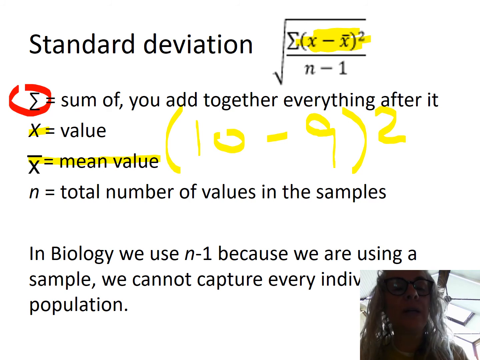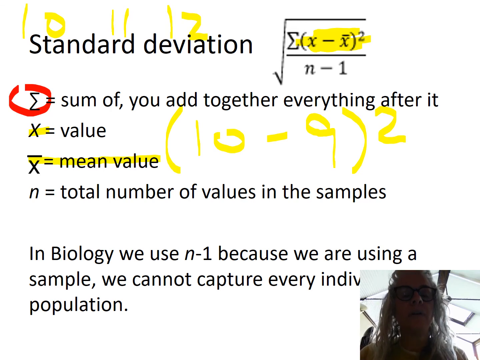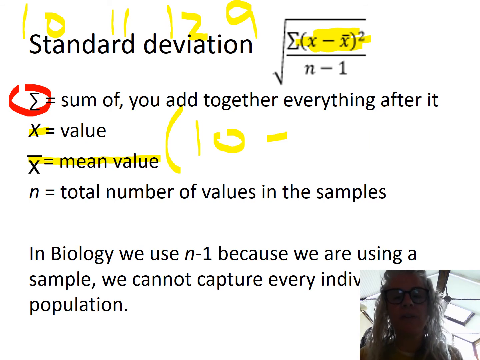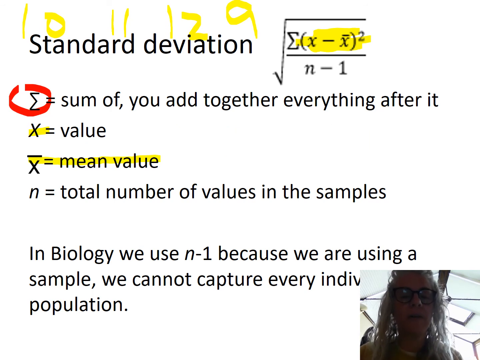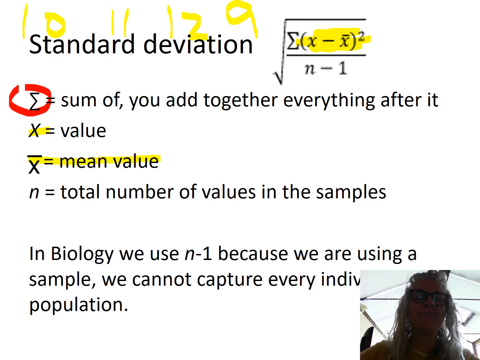So let's just quickly do some numbers. I'm going to have 10, 11 and 12 and 8. Oh, I can't work out these things. Let's have 9. So for this, what's the mean of that? 9, 10, 11, 12. So the mean is 10.